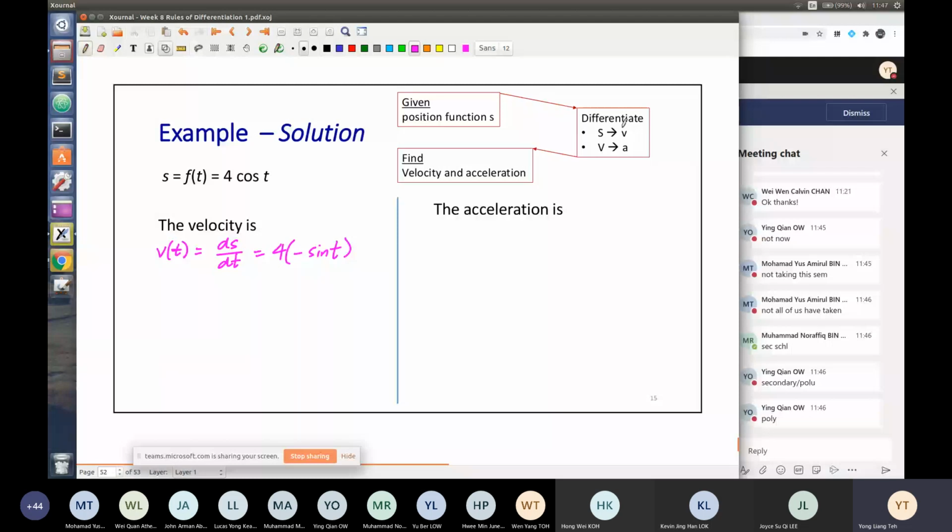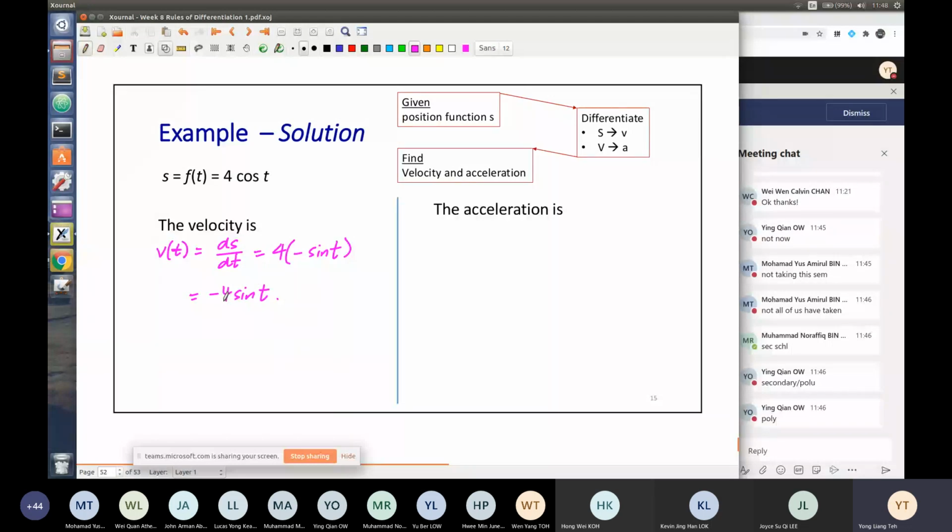So therefore, what is the velocity function? Minus 4 sine t. Okay, so you can expect that when t is 0, this must agree with the motion that we expect. When t is 0, what's the velocity? Velocity is 0. And that makes sense.